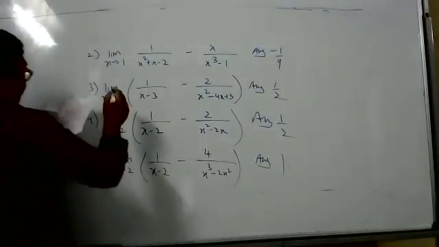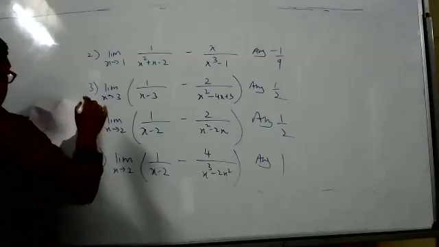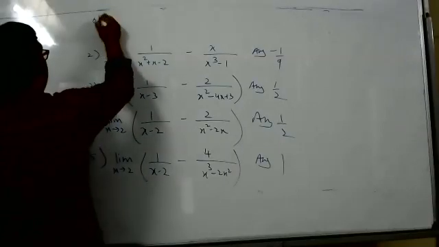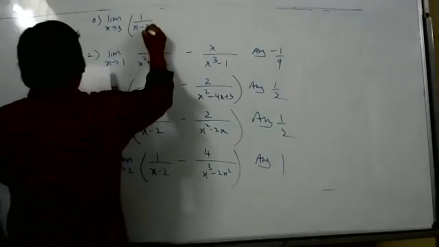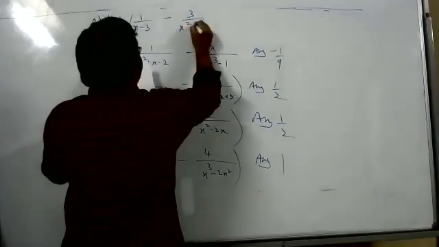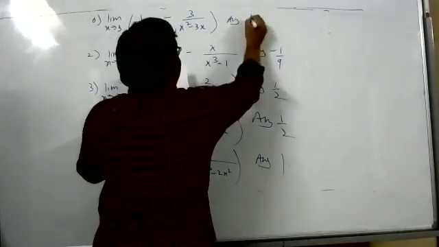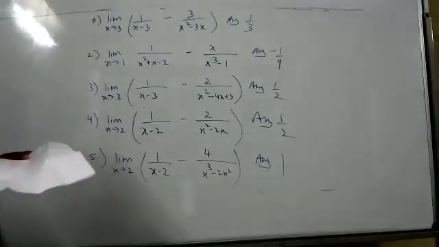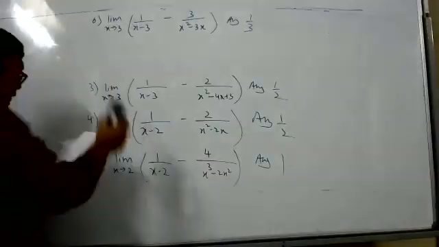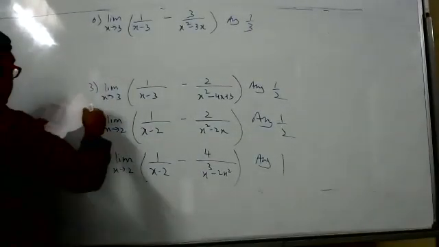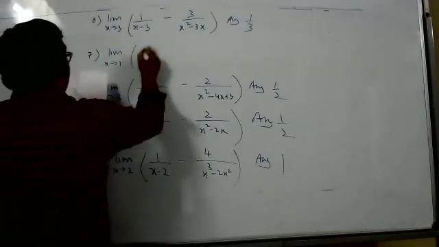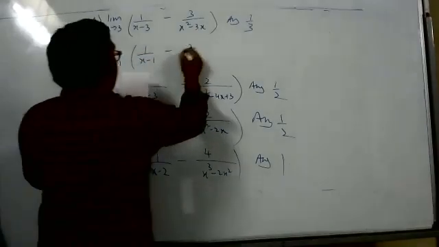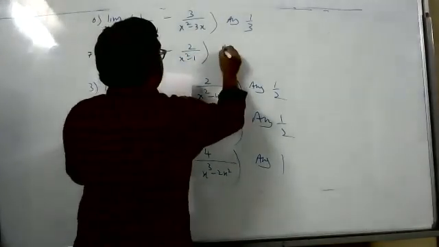Sixth sum, limit x tends to 3, 1 by x minus 3 minus 3 by x square minus 3x. Answer is 1 by 3. Write fast. So these are like factorization kind of questions, right? Infinity minus infinity form. I will do a few sums from this if you want. 7th sum, all are the same type. Limit x tends to 1, 1 by x minus 1 minus 2 by x square minus 1. Answer is 1 by 2.